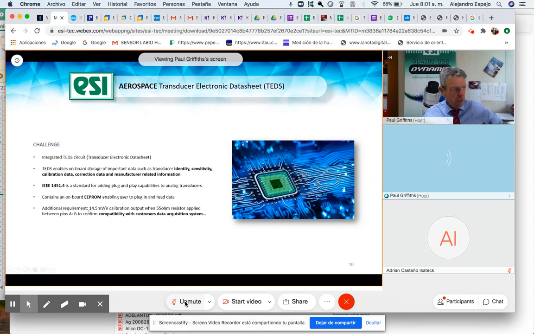And so we guaranteed that each transmitter would have an output of 14.5 millivolts per volt. So with a 10 volt DC supply, that is an output of 145 millivolts. So very high sensitivity, and it's perfect for their data acquisition system.